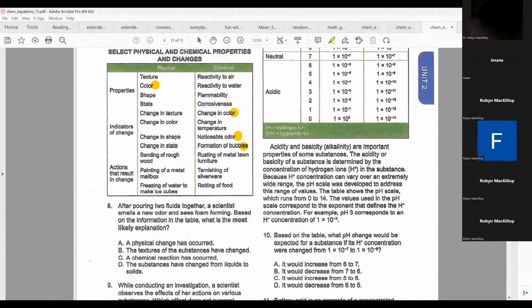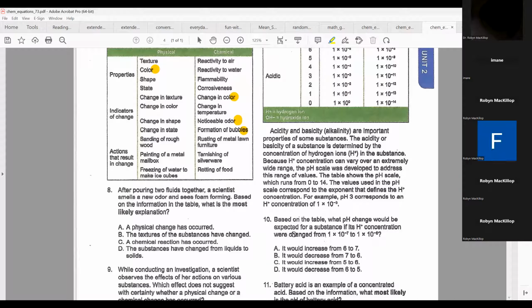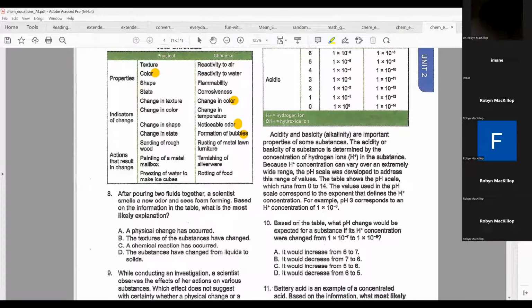So coming down to number 10, based on the table, which means I don't need to read. What pH change would be expected for a substance if its H concentration were changed from 1 × 10⁻⁷ to 1 × 10⁻⁶? So pH change, H concentration.